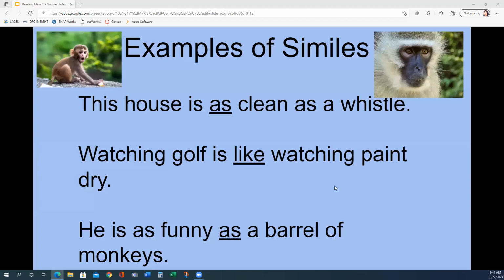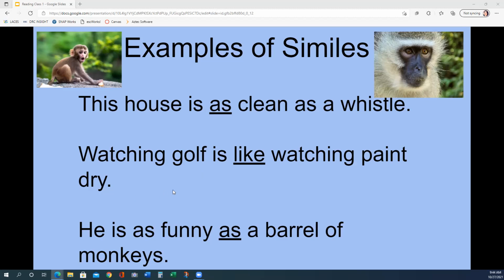Some examples of similes are this house is as clean as a whistle. So you see we're using that keyword as to compare two things. We're comparing the house and saying it is as clean as a whistle. Watching golf is like watching paint dry. This is true for me. I hate golf.